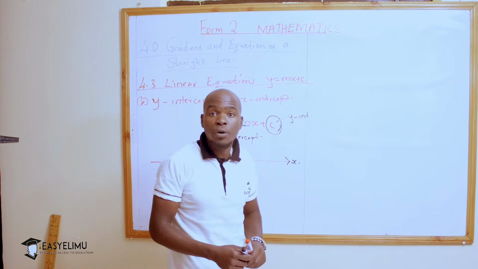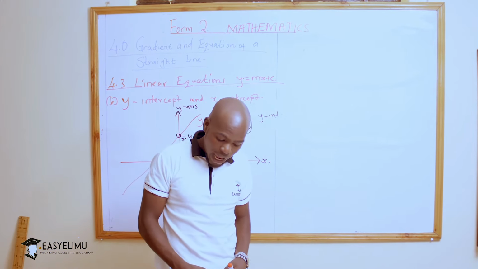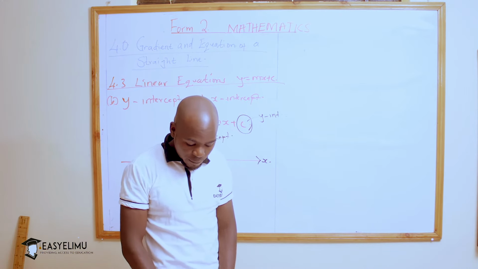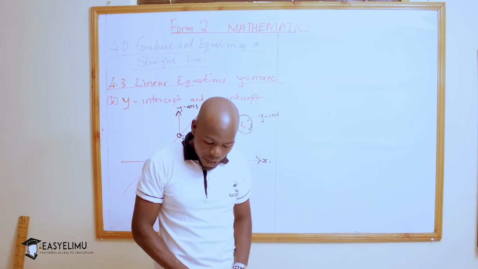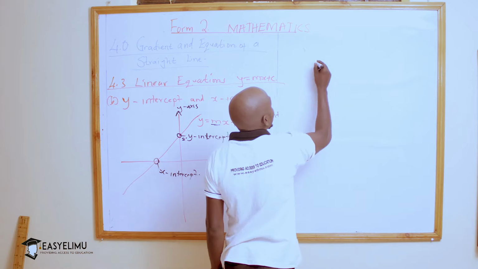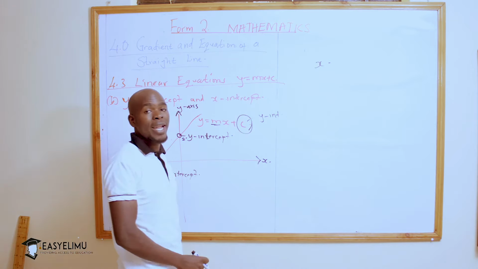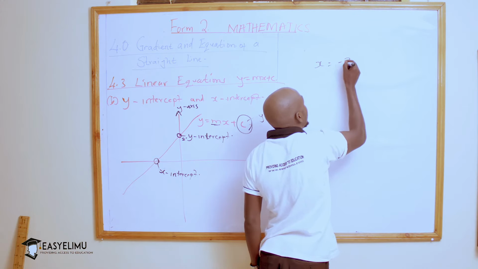Let's see an example on the same, and the example reads: find the equation of a line whose x-intercept is negative 3 and y-intercept is 6. The x-intercept is the point where the line cuts the x-axis, and we are given negative 3.